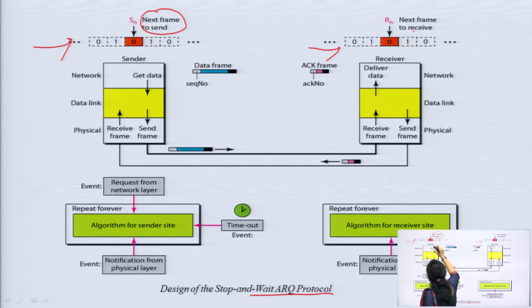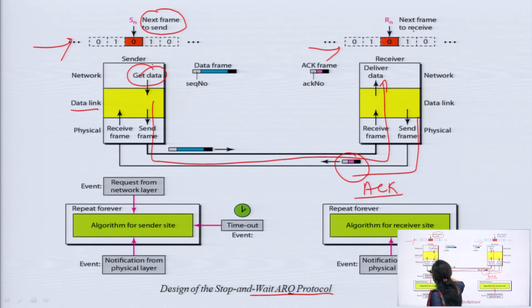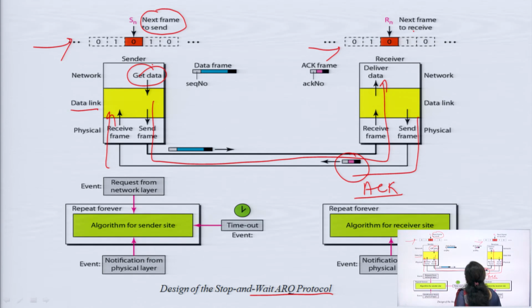The data will be generated at the network layer, received at the data link layer, then sent to the physical layer and then given to the receiver side. Now, on the receiver side, the acknowledgement frame will be transmitted back, and it has to be received at the transmitter side.